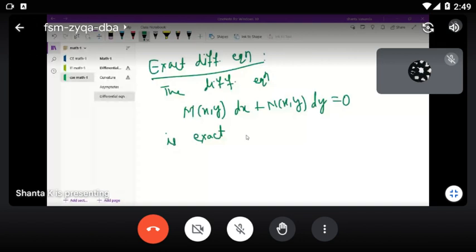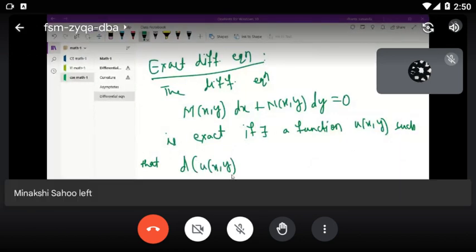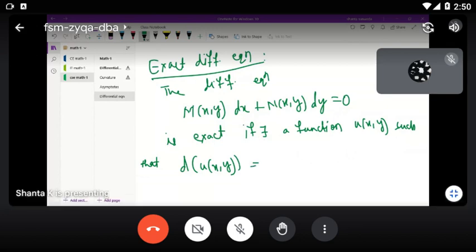If there exists a function u of x,y such that the total differential of u of x,y is the same as this differential equation, that means you can express this differential portion as the exact differential of a function, then it will be an exact differential equation.